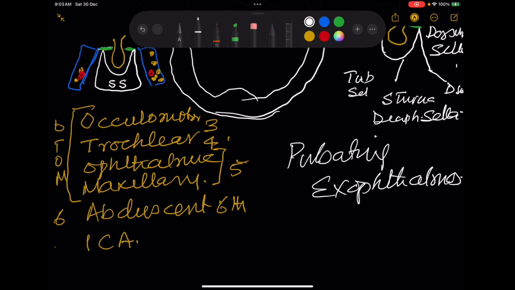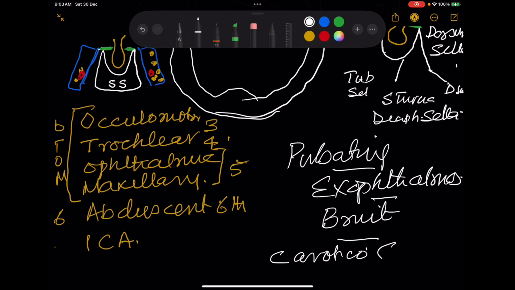Another sign would be that if you put the stethoscope on the eye, you may be able to hear a bruit because of the arteriovenous fistula. Artery is internal carotid, vein is cavernous sinus. So bruit and pulsating exophthalmos in what is called the carotico-cavernous fistula. Okay.